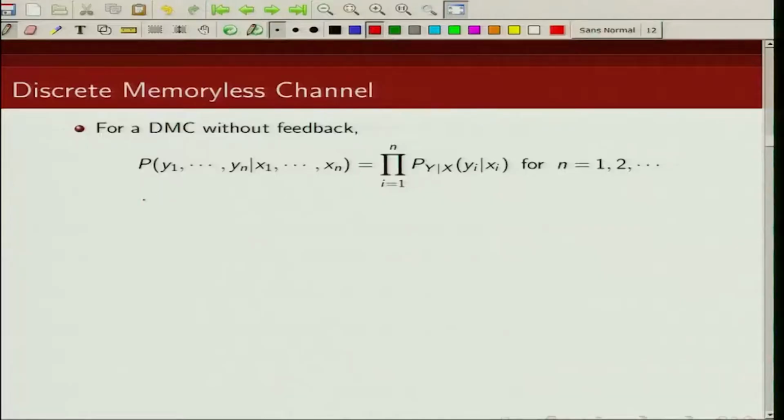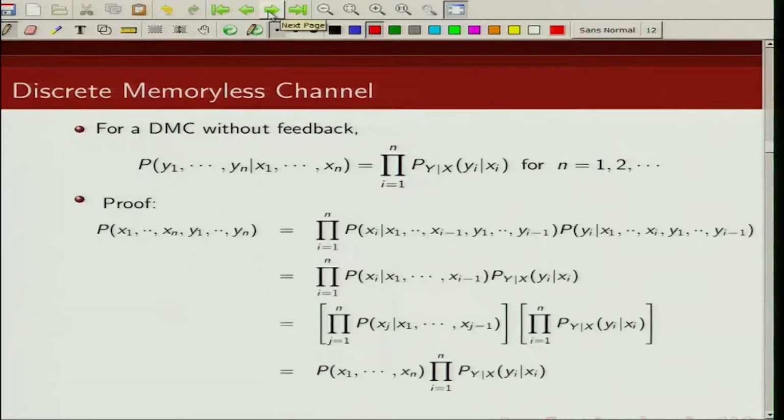So for a discrete memoryless channel without feedback, we can write the probability of y1, y2, up to yn given x1, x2, up to xn as the product of the probabilities of yi given xi. This we can prove in the following fashion. We write the joint probability of x1, x2, up to xn, y1, y2, up to yn.